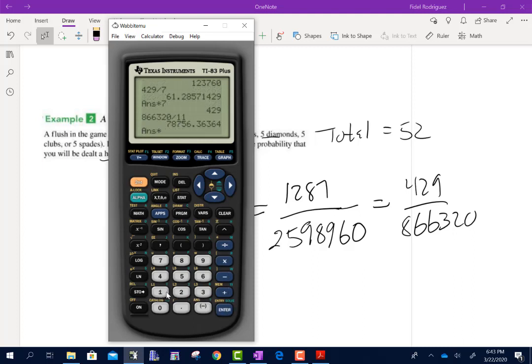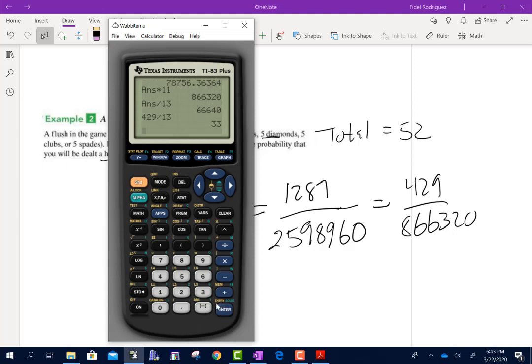No. I'm just trying to mess around here, guys, to see what I can divide by and reduce it any further. I can divide by 13. Can we divide 429 by 13? Maybe, maybe not. Yes, we can.